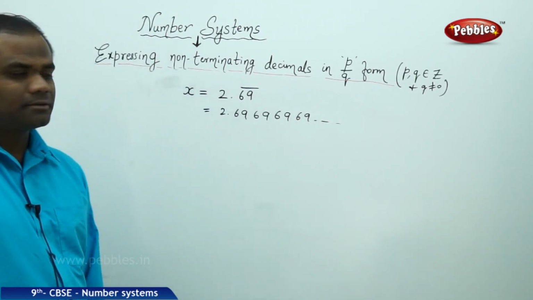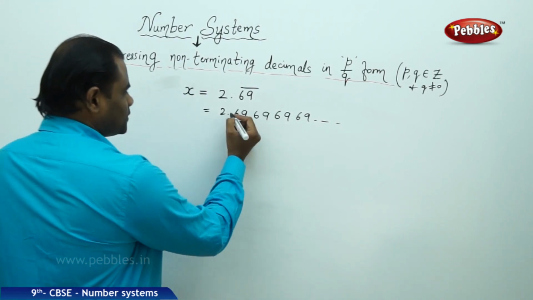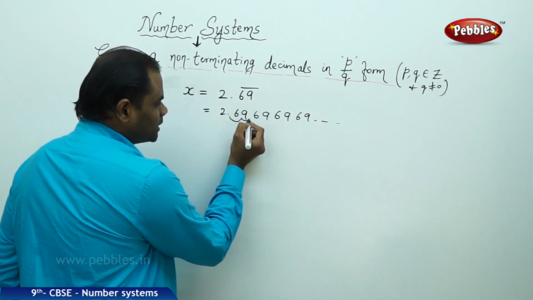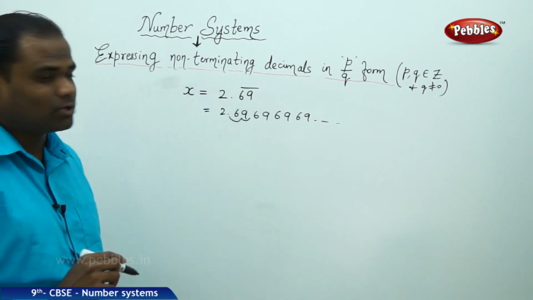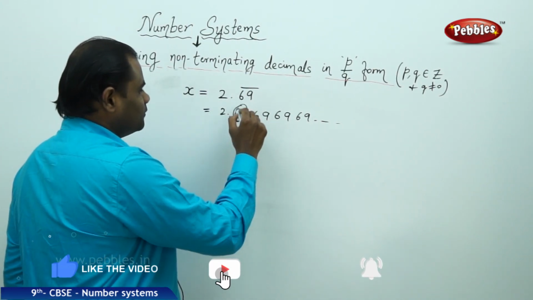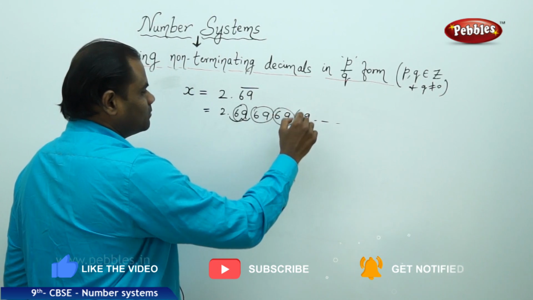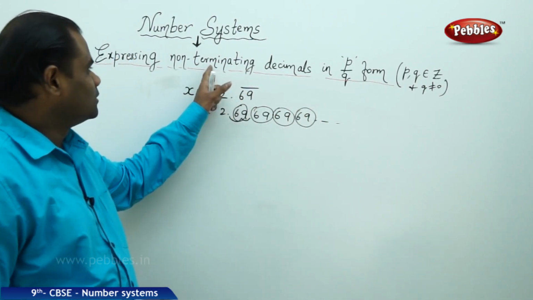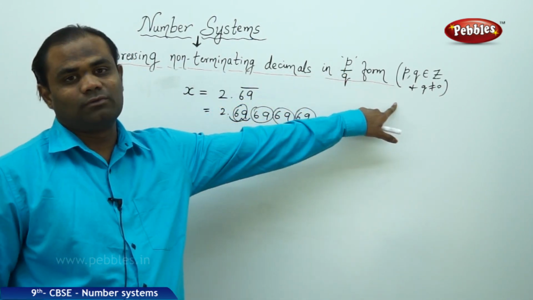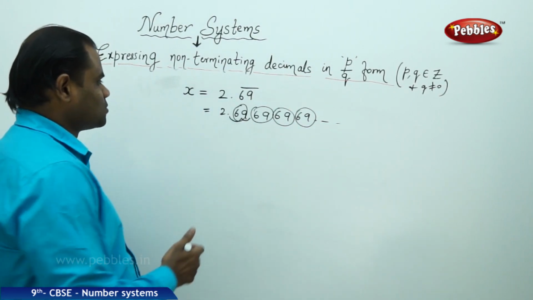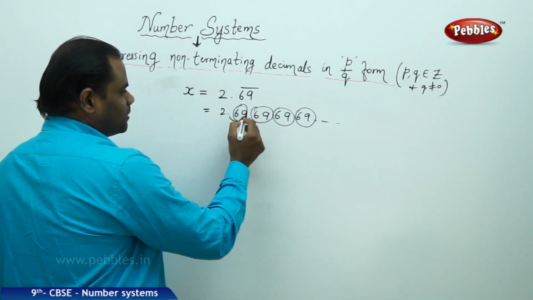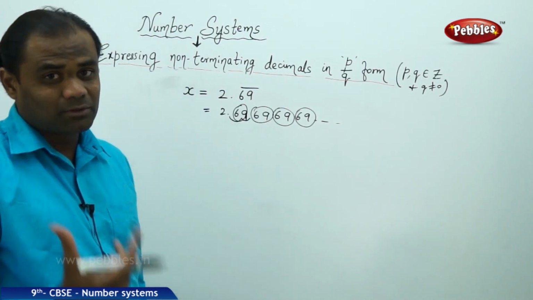The secret behind this is to shift the decimal not by one place but by 2 places, because it is the repeating number which is taken into account every time we convert a non-terminating decimal into p by q form. So the number repeats after every 2 digits.